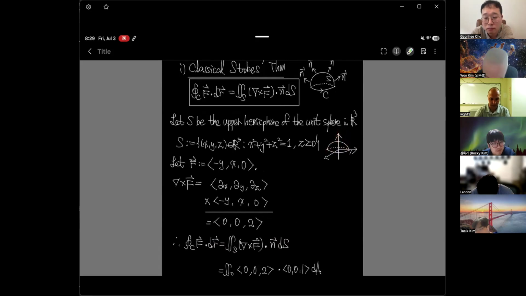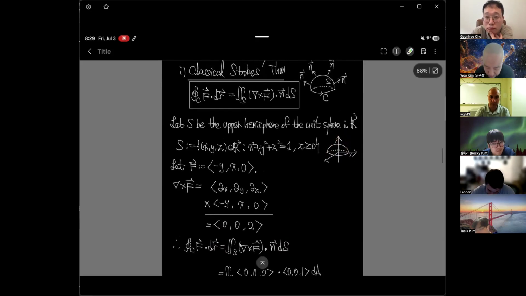One more important thing in Stokes theorem is that it doesn't matter what surface I take. So instead of this sphere, I'm going to take the unit circle on the xy plane.